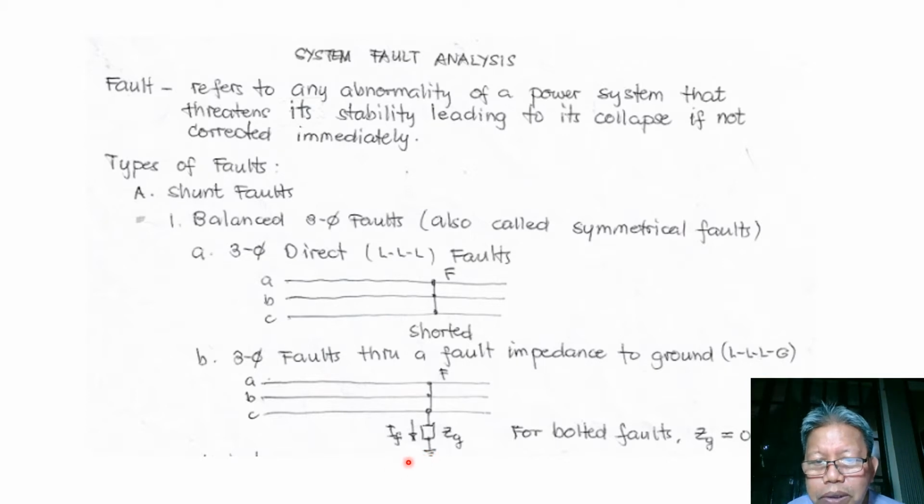Now for a bolted fault, Zf is just equal to 0. There is no impedance if the fault is bolted, meaning a perfect short circuit happens here. But generally we represent the general condition in which there is an impedance to the fault current towards the ground, so Zf.